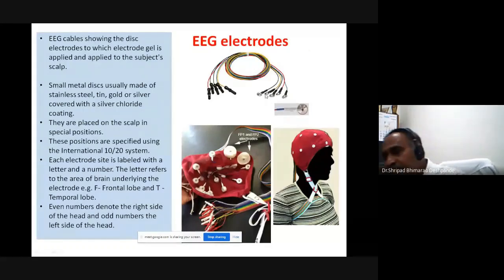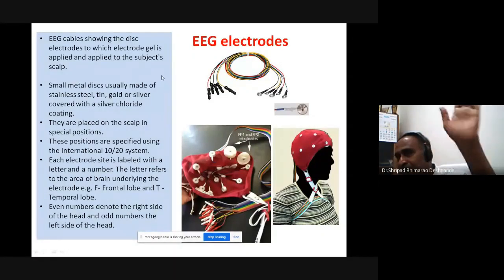However, the technology is now so advanced that this has been modified into a cap-like arrangement. These caps exactly fit the various electrode patterns in the 10-20 system.